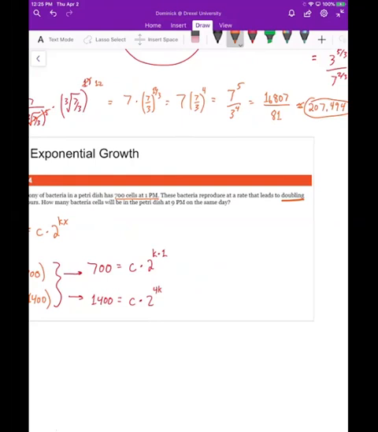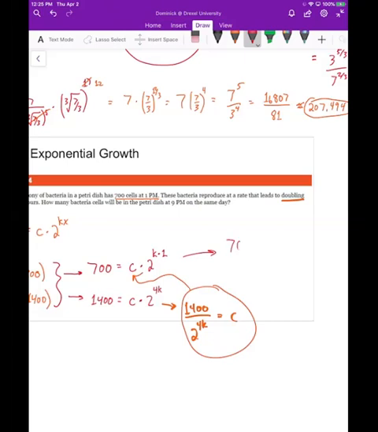Here, I want to divide the other term over. If I divide by 2 to the 4K, that gives me C. And just like before, I want to take this C and plug it into this equation.